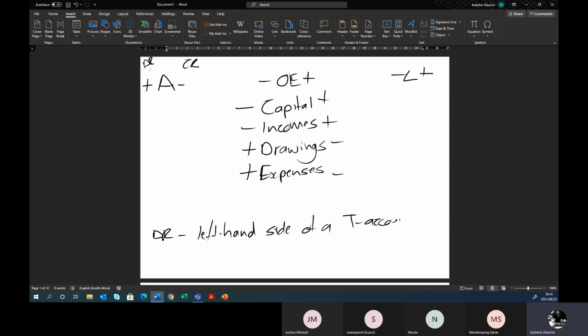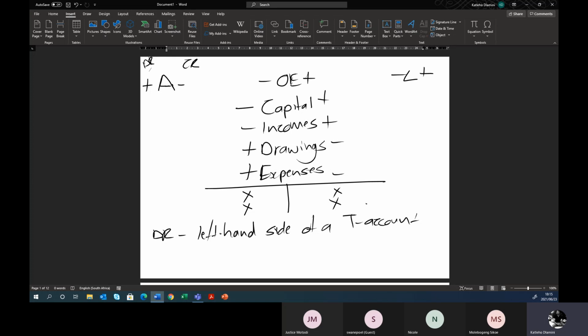What is a T account, you may be asking? Every account in accounting is an account. Under your assets, you'll have bank, debtors control, input VAT, and so forth. All of those are accounts. To show the movement in the accounts, you will draw a T on that account. You will show all the transactions that increase this account and all the transactions that decrease it.